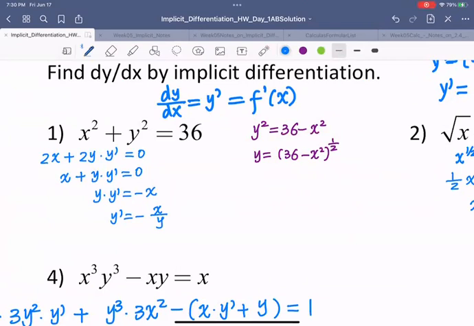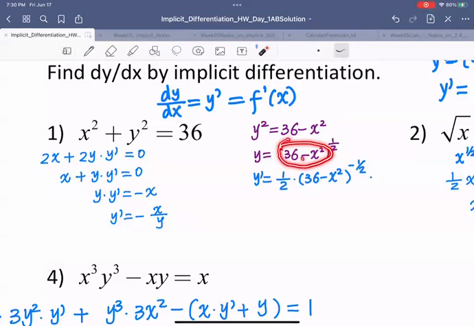let me call a student, okay? Judy, let's do this guy's derivative using the power rule. Go ahead, please. So that'll be 1/2 parentheses 36 minus x squared to the power of negative 1/2 times the derivative of 36 minus x squared, which would be 2x.